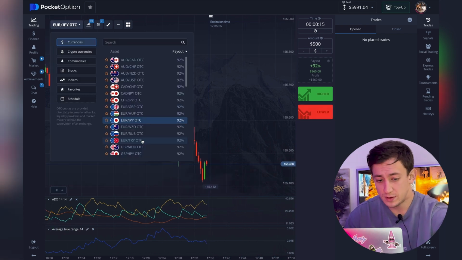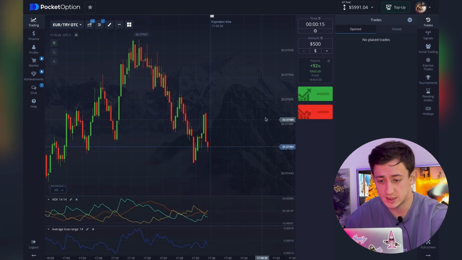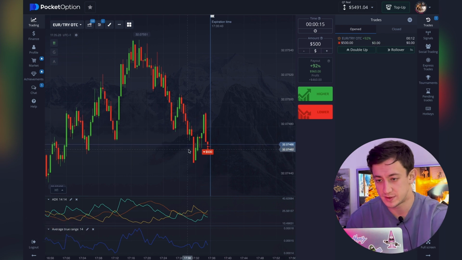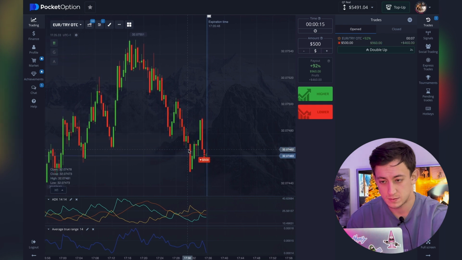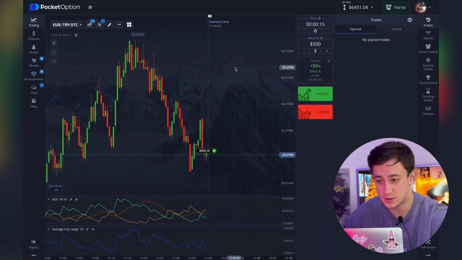And so moving on, guys, before us is the Euro Turkish lira currency pair. The indicator signals a downward trend, and so I enter a short position and expect a profit. Profit obtained as always, guys. It's cool.